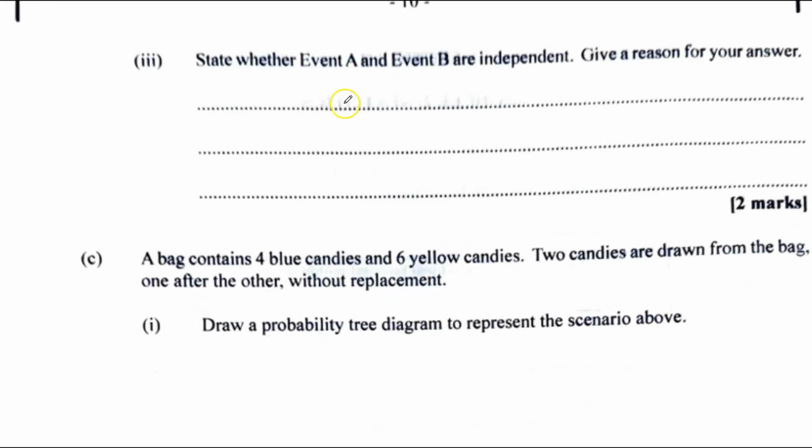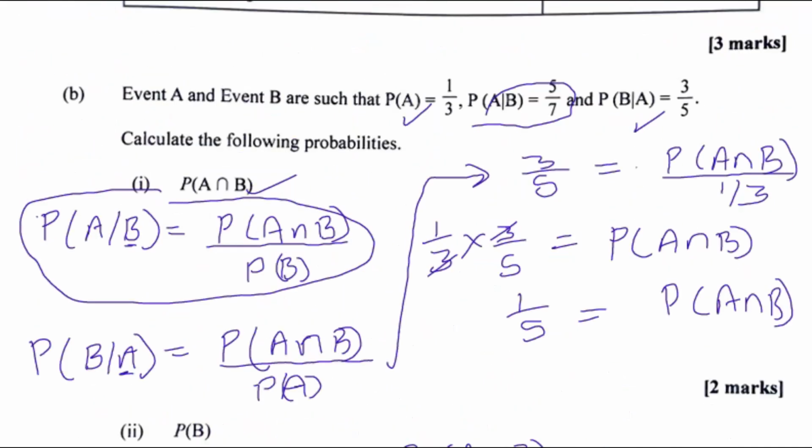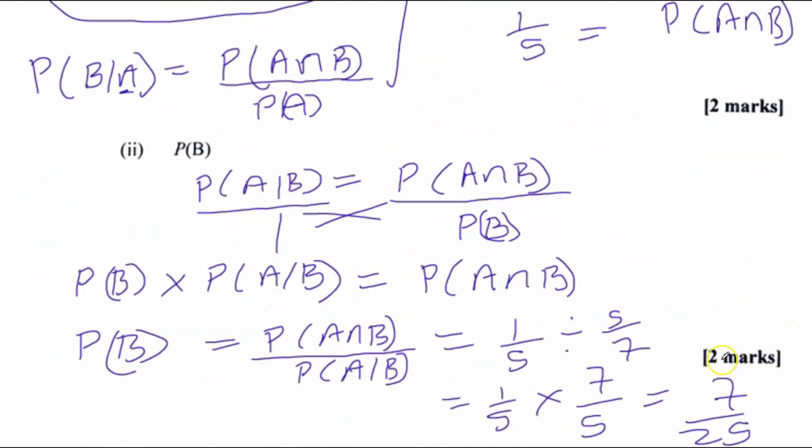Let's move on. State whether event A and B are independent. So we can do the multiplication test. The probability of A times the probability of B, if independent, should be equal to the probability of A intersect B. Now the probability of A was 1/3, and the probability of B was 7 over 25.